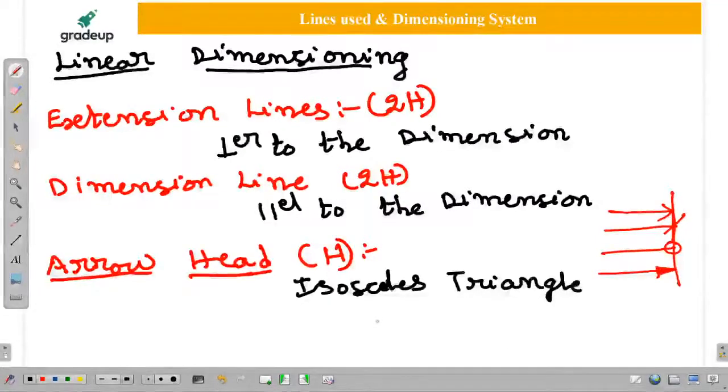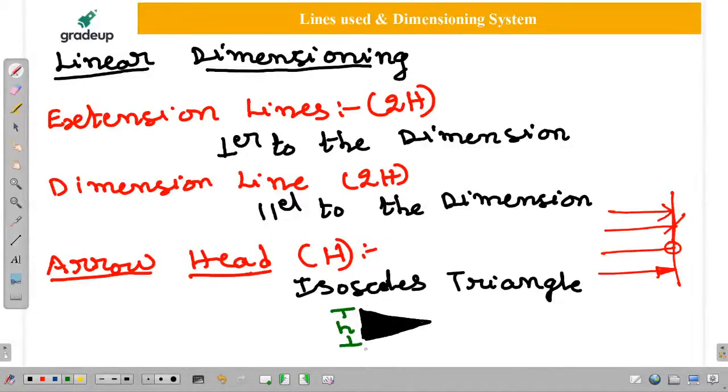For this isosceles triangle, we are going to represent it as an isosceles triangle, and it should be filled. It is filled. Then what is the dimension, sir?